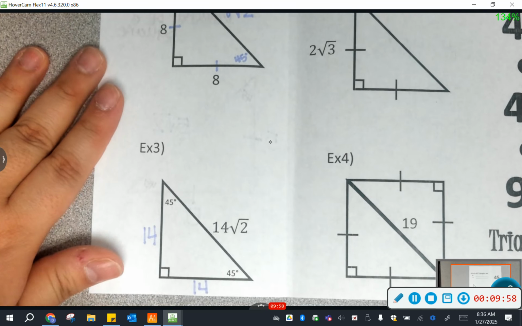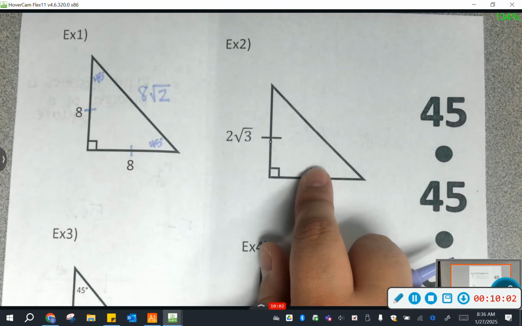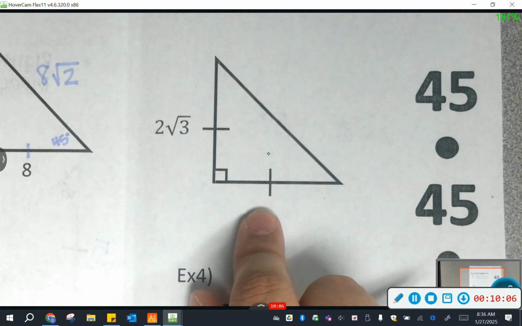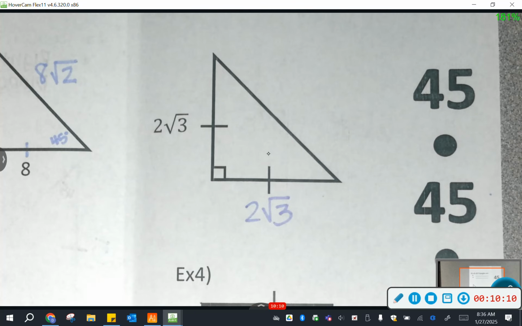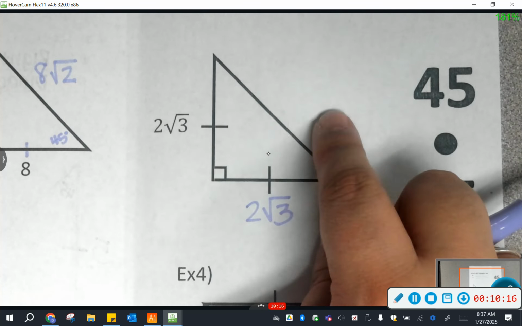Okay? Now, number 2 is a little bit special. Look up, please. If this is 2 square roots of 3, what's the bottom? They're always the same. Write it down. But how would I find the diagonal for this one?